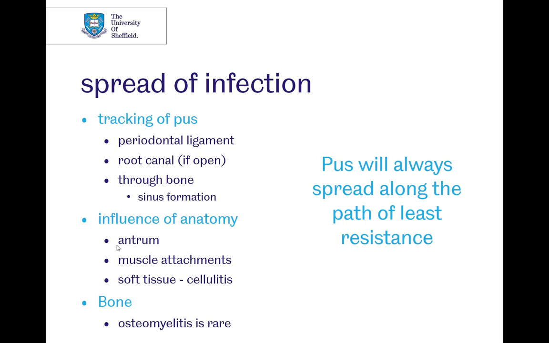So for example, in older patients who've got a more compromised blood supply to their jaws, or if a patient has had radiotherapy, or in other cases, if patients have been on medications which modify the function of osteoclasts, such as bisphosphonates, in that circumstance you can get osteomyelitis, but generally speaking, in a healthy patient, osteomyelitis itself is rare.